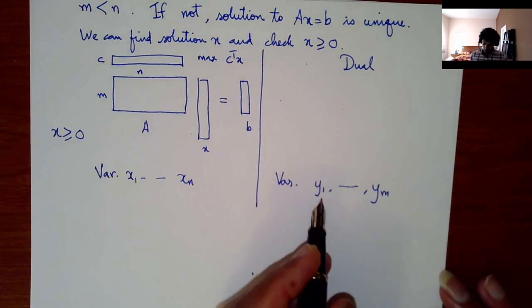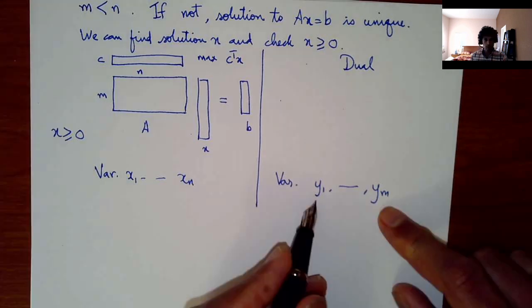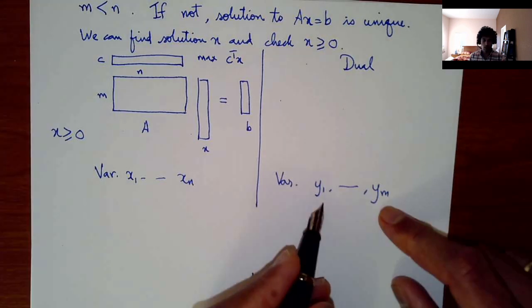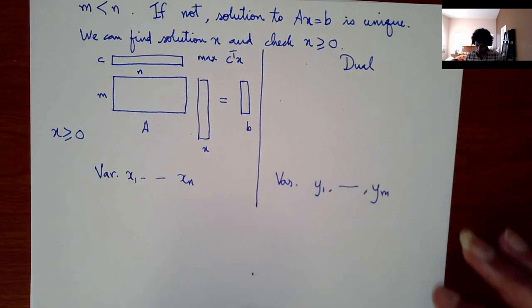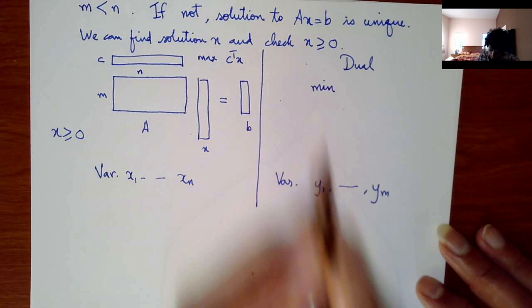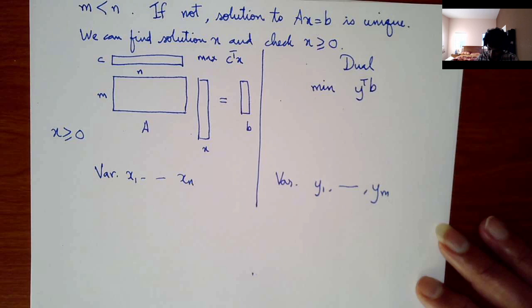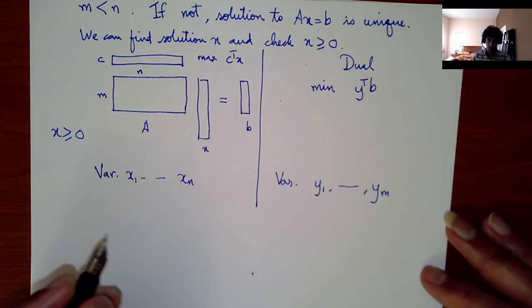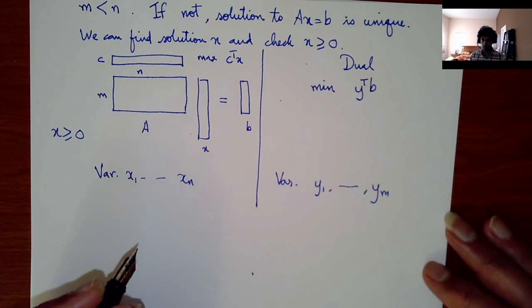Now, note that these are equality constraints, so the yi's are going to be unconstrained. We are going to minimize y transpose b. Right, we're going to minimize y transpose b.